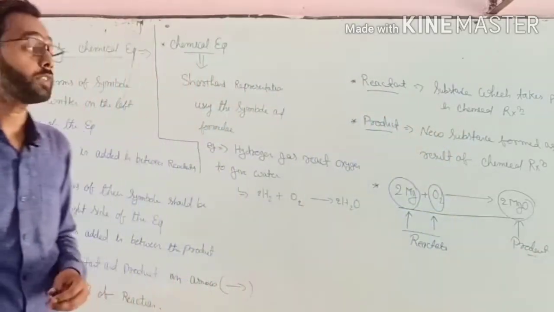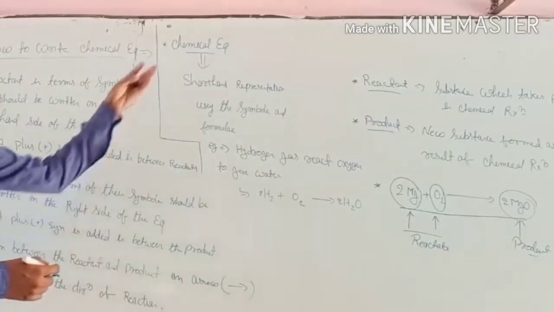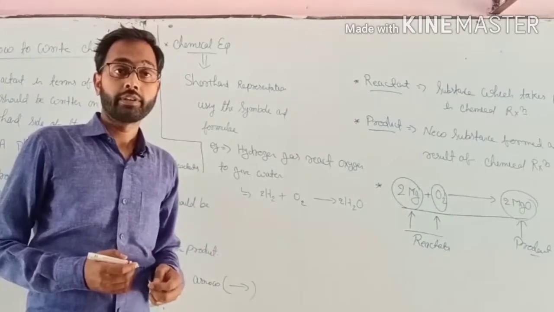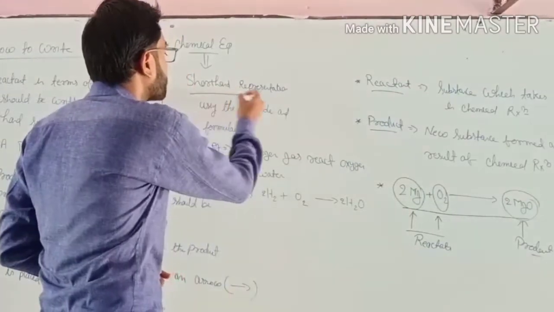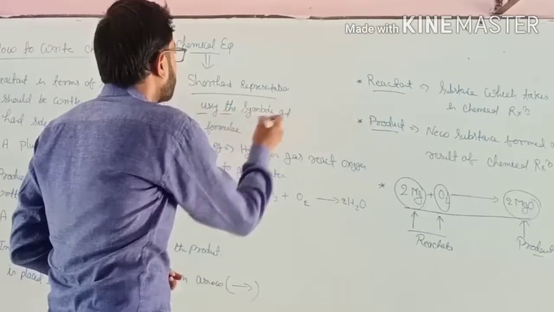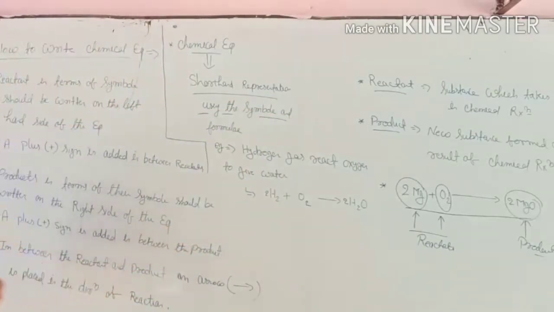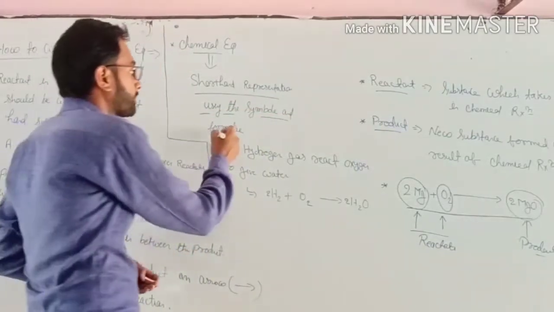Clear? The next word is chemical equation. What is a chemical equation? A chemical equation is the short-handed representation of a chemical reaction using the symbols and formulas of the substances.